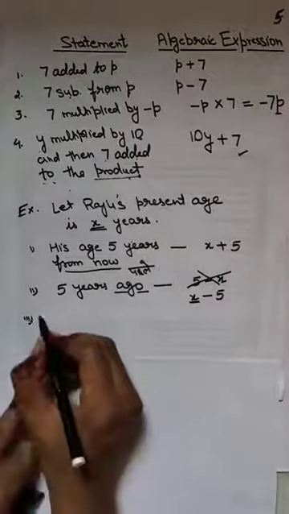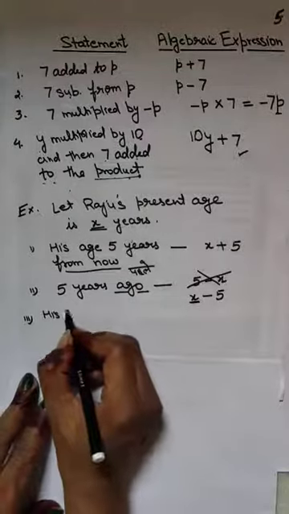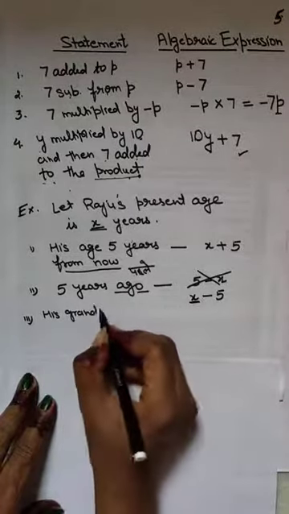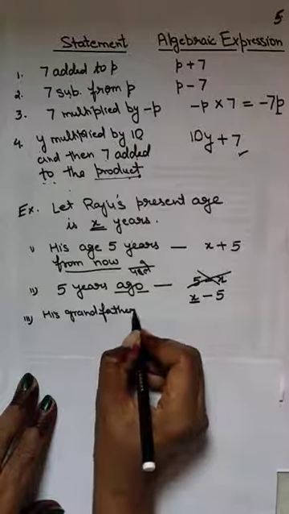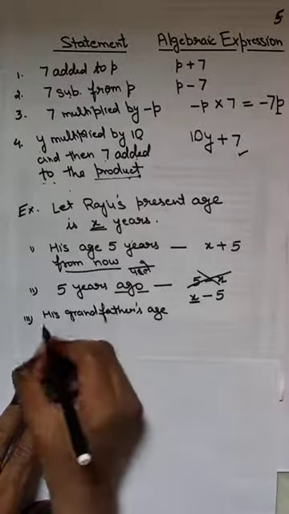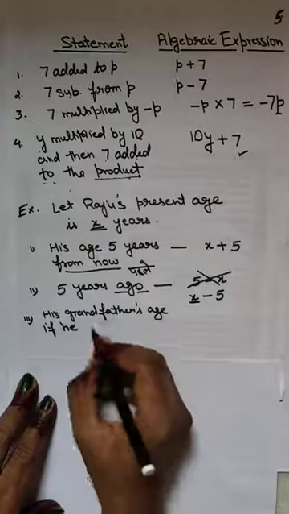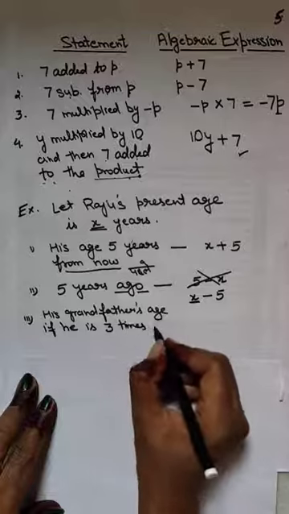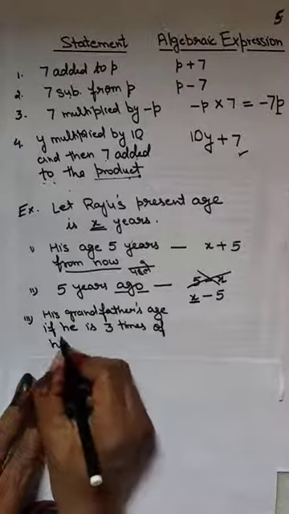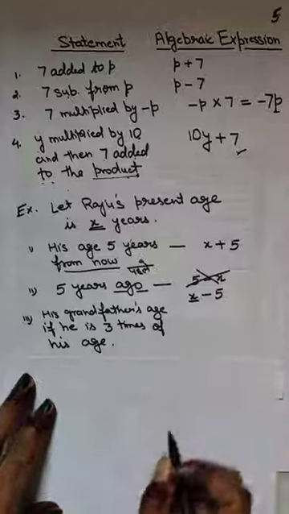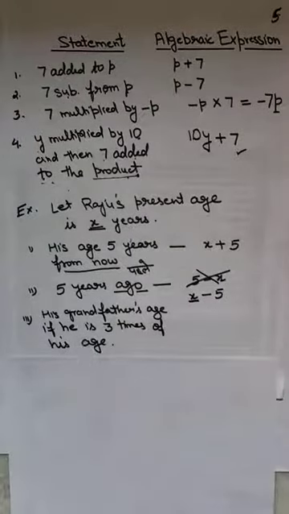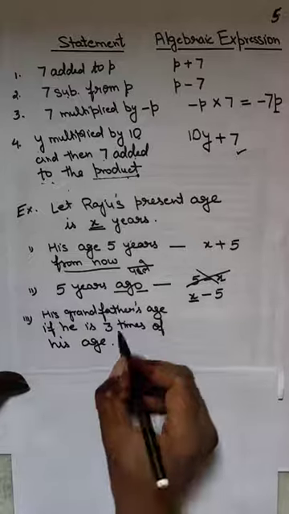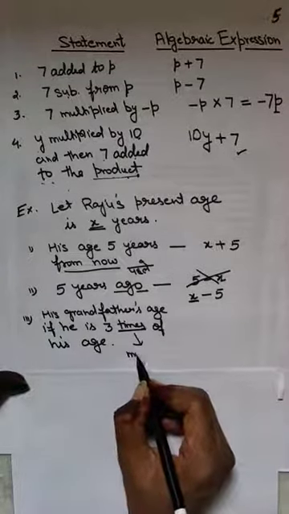Now you have to tell his grandfather's age if he is 3 times his age. 3 times his age means, times means multiply.